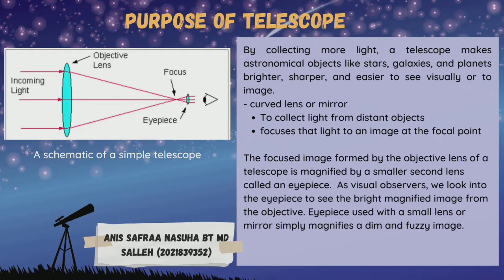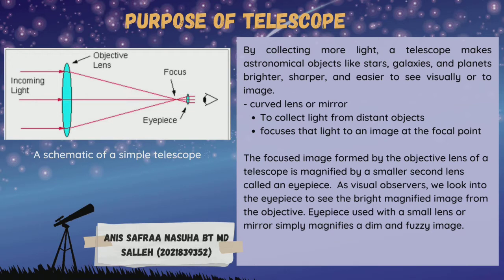The focused image formed by the objective lens of a telescope is magnified by a smaller second lens called an eyepiece. As visual observers, we look into the eyepiece to see the bright magnified image from the objective.